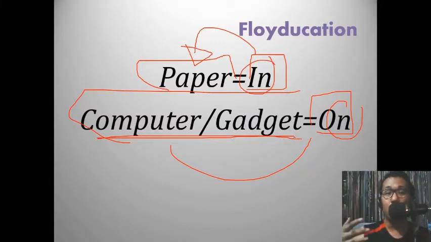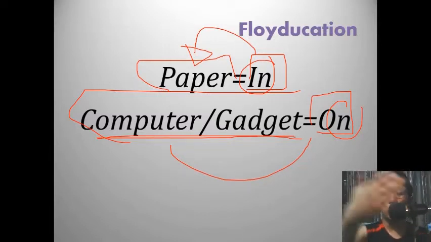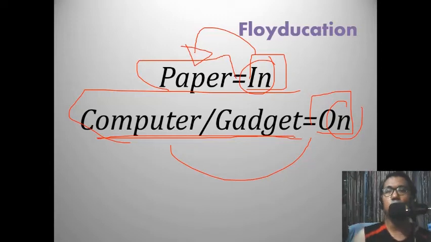Please try to write it in a paper. Look at your phone, or please try to play on your phone. Look at what I told you a while ago: newspaper, magazine.